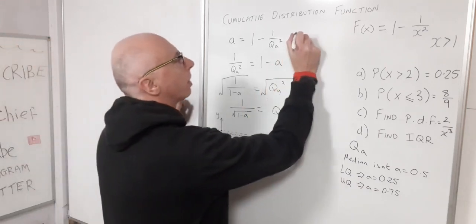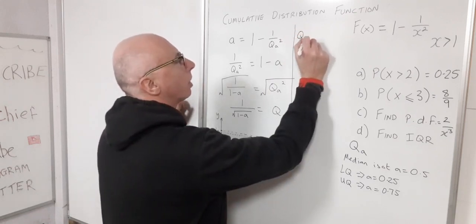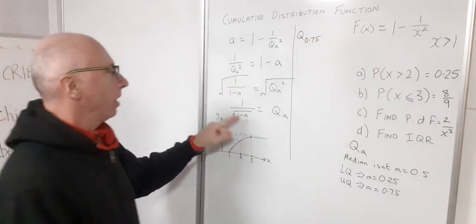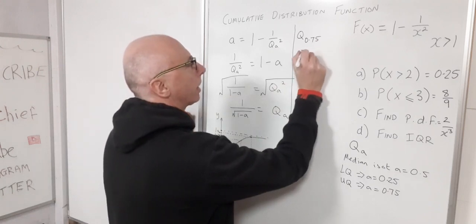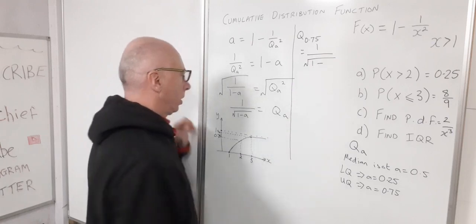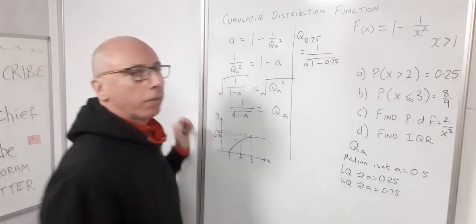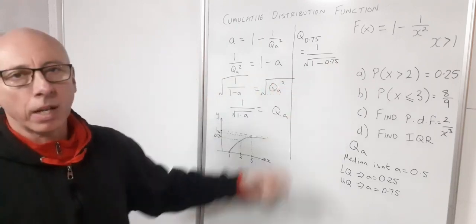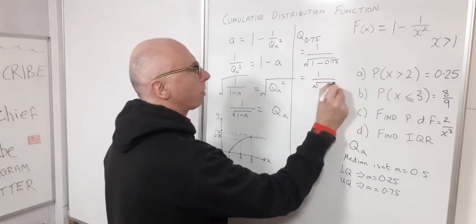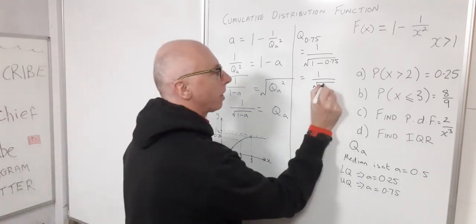Let's do that first. So I just put a line down here, for Q of 0.75, I just plug in 0.75 for this. So that equals 1 over the square root of 1 minus, and A is 0.75. So now we just calculate what that value is. So now we've got 1 over the square root of 0.25, which is, let's put that in a fraction because that's easier to deal with.